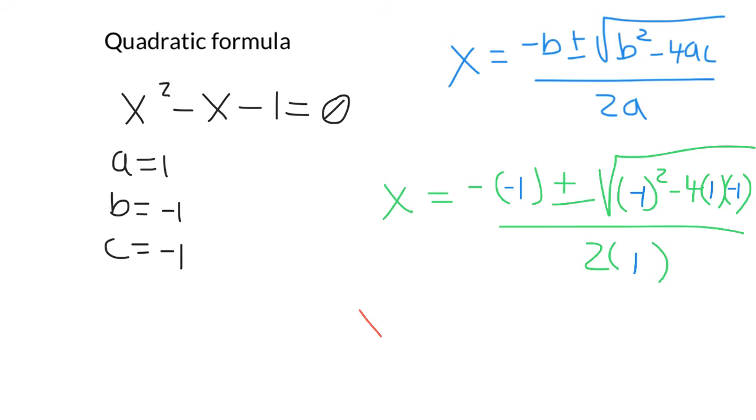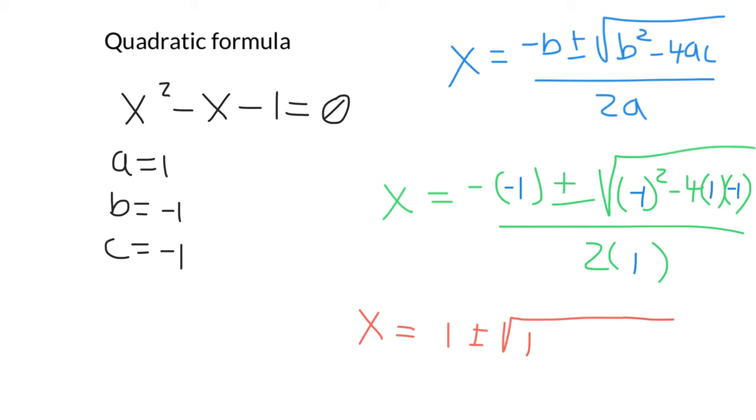Then, simplifying it further, we're going to have positive 1, because obviously negative negative 1 is positive 1, plus minus, and we're going to go about this next part slowly. The 1 squared is obviously positive 1, so that's going to be 1. Once you square this first thing, pause and ask yourself, I have a negative times a positive times another negative.